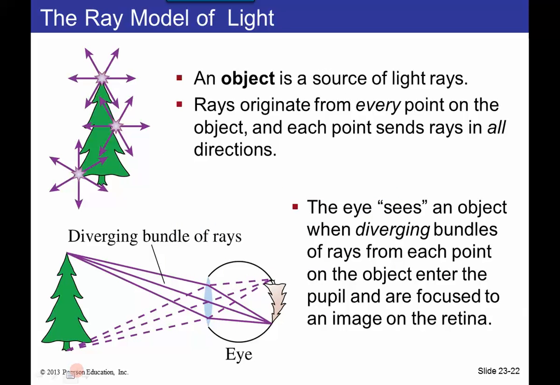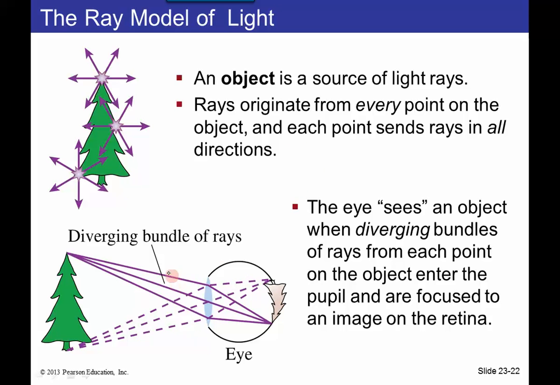And in the ray model of light, we are going to define objects as sources of rays. So every point in this object is a source of rays in all directions. They originate from every point on the object, and each point sends rays in all directions.